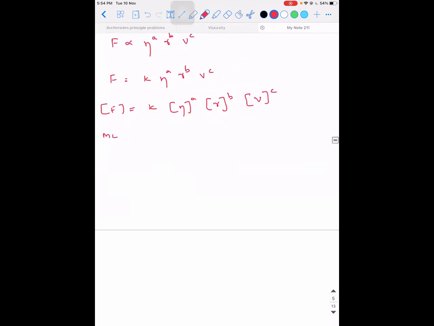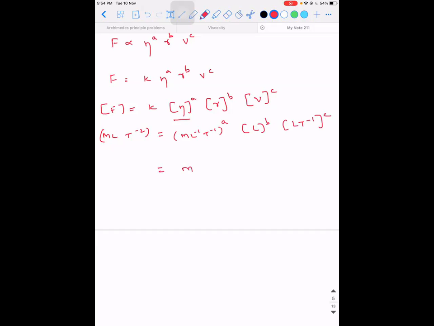What is the dimensional formula of F? MLT^-2 equals the dimensional formula of eta, ML^-1T^-1, to the power a, times r which is L to the power b, times v which is LT^-1 to the power c.